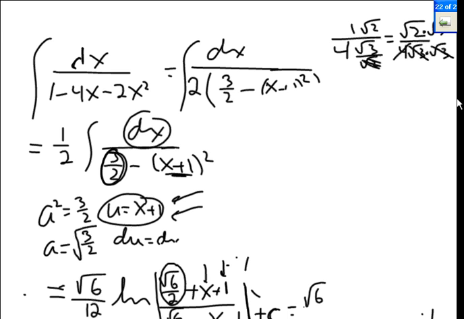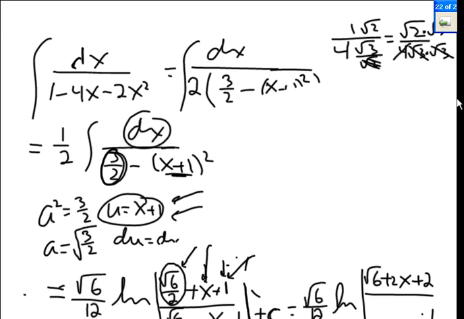We have the square root of 6 over 12 times ln of, when I multiply that by 2, I get square root of 6. When I multiply that by 2, I get plus 2x. When I multiply 1 by 2, I get plus 2. And I get a similar thing in the bottom. I get square root of 6 minus 2x minus 2 plus c. There's that answer, and there's the section. Very, very long section.